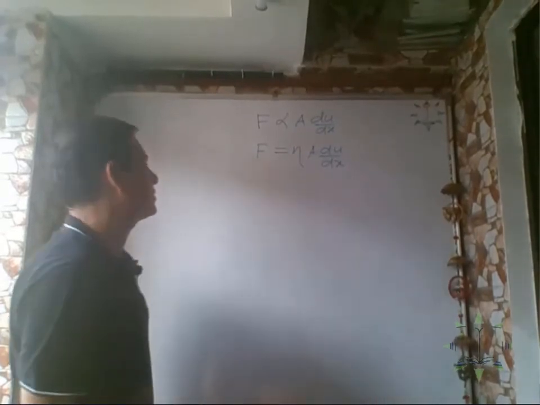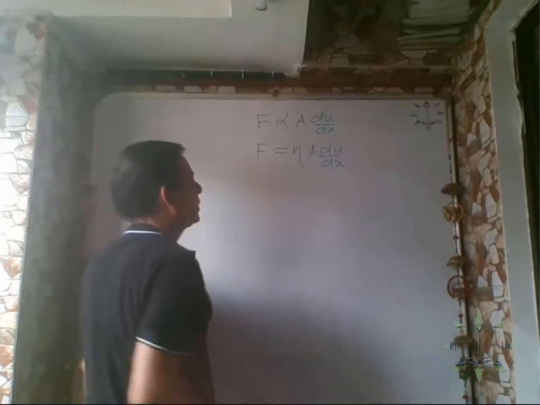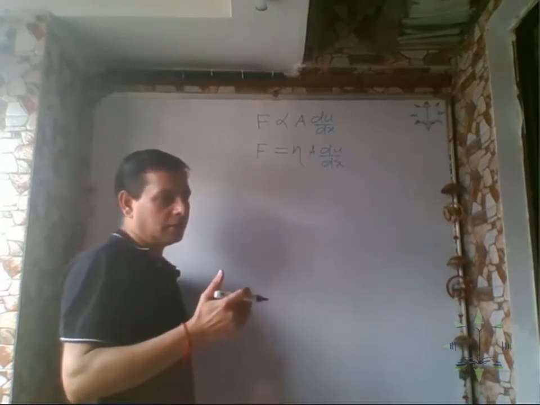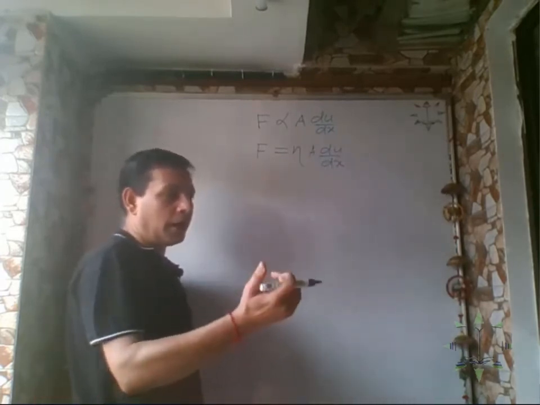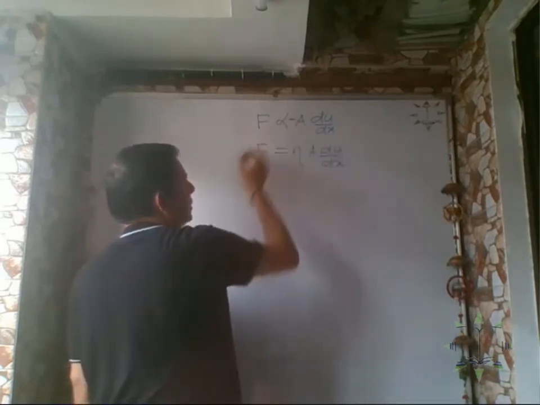In some cases it is represented with a negative sign also given. Negative sign indicates that the velocity of flow and the force are in opposite direction. So you can take a negative sign.